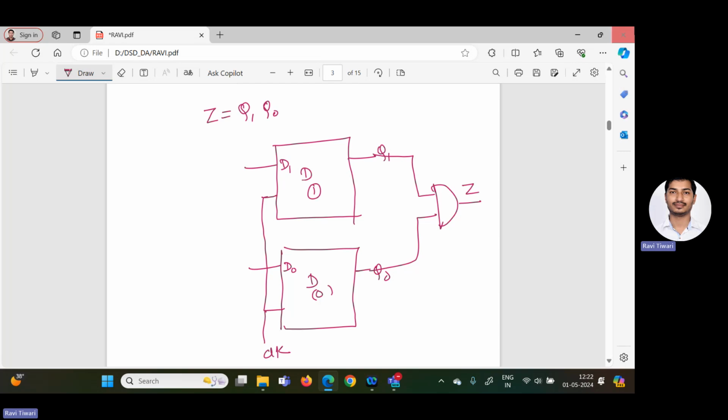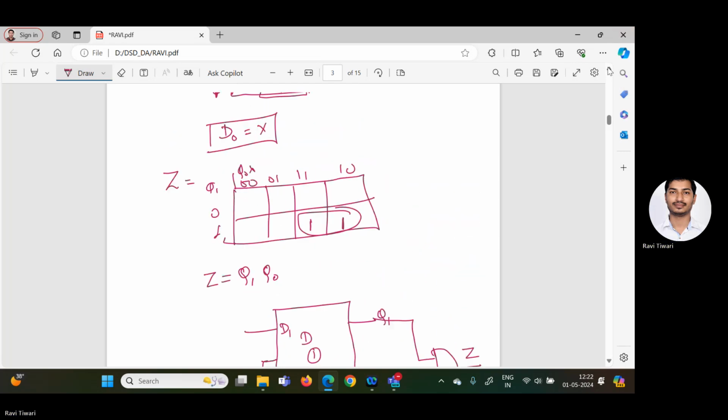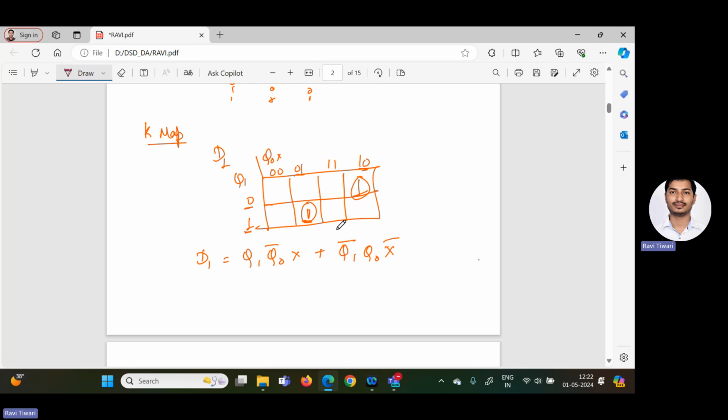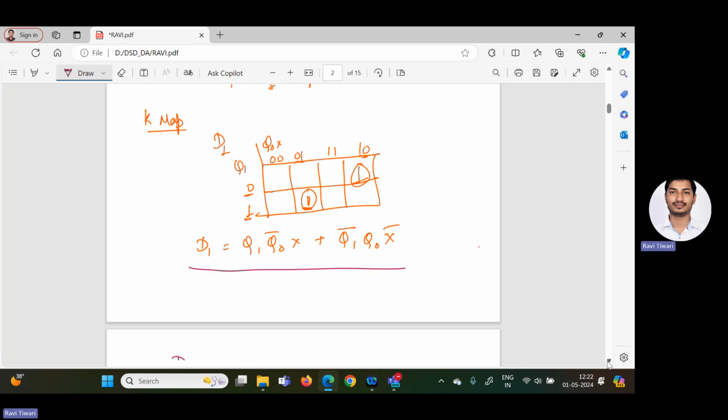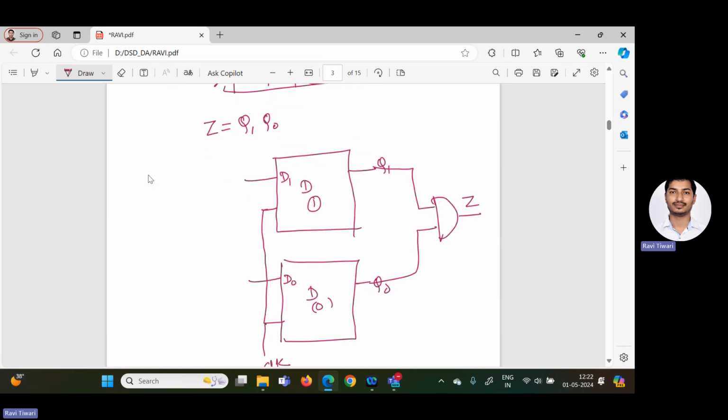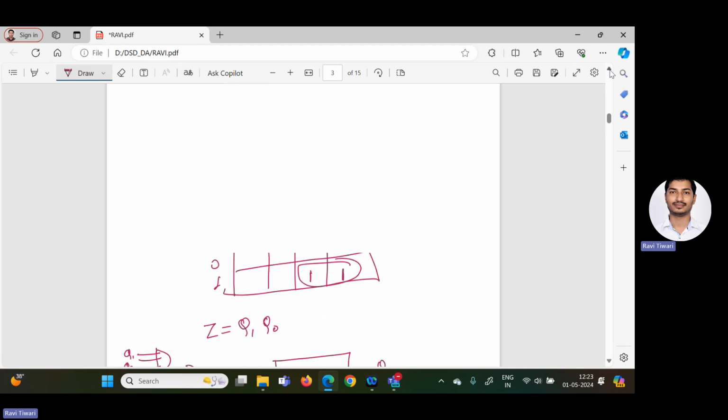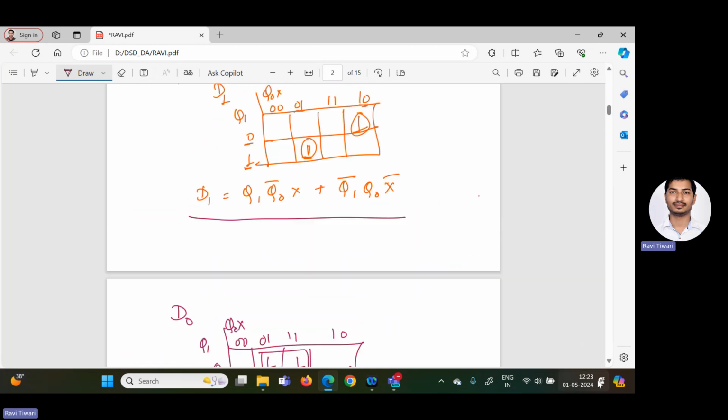What is the expression for D1? D1 is given by this expression, right? Q1 Q0 bar X. So here we require 2 AND gates like this, and then 1 OR gate like this. 3 terminals, 3 terminals. Okay, this is Q1 Q0 X, and here check what is the expression here. It is Q1 Q0 bar X, right?